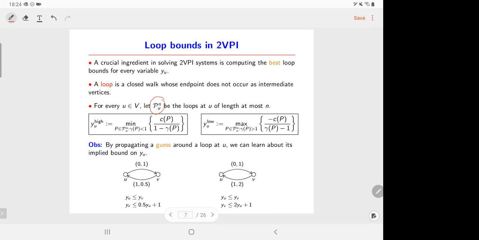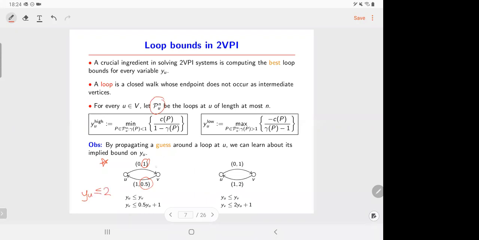A key observation that we'll make here is that if we try to guess YU high, for example, and we propagate the guess around the loop, we can learn something about the bound implied by the loop. Let's just look at this example. This is a flow absorbing loop, and the bound implied by the loop is YU at most 2.